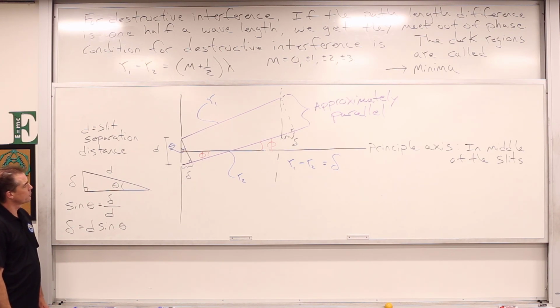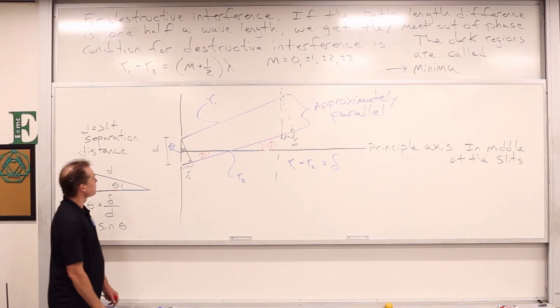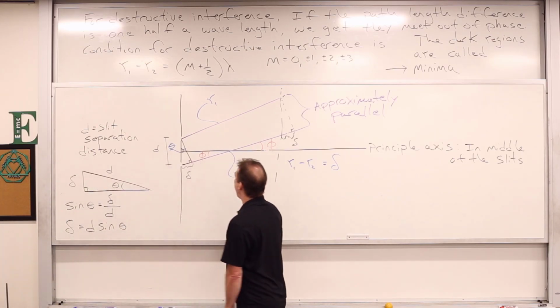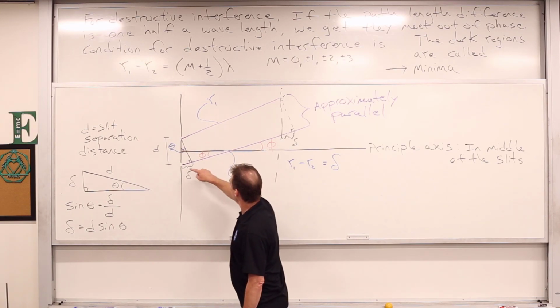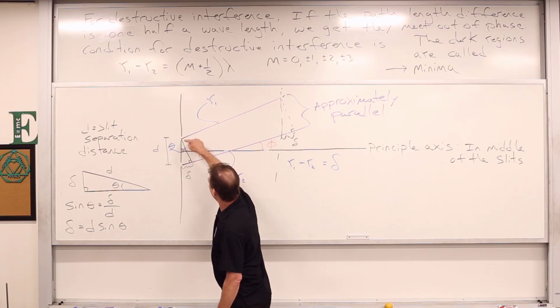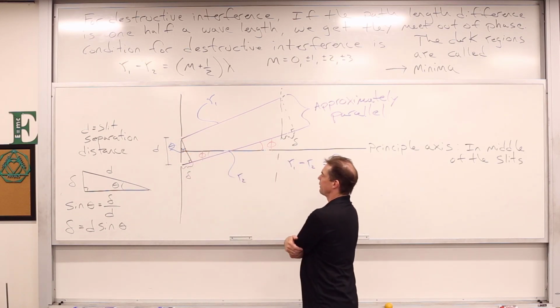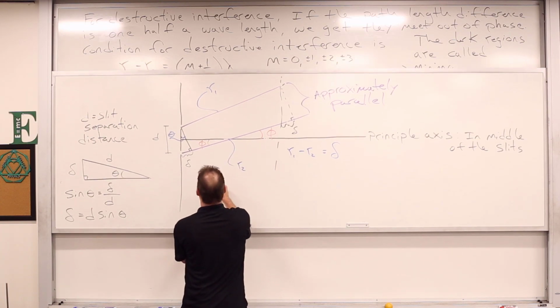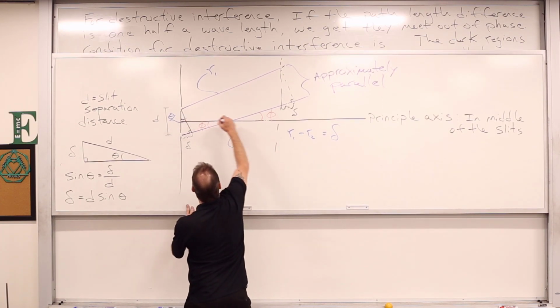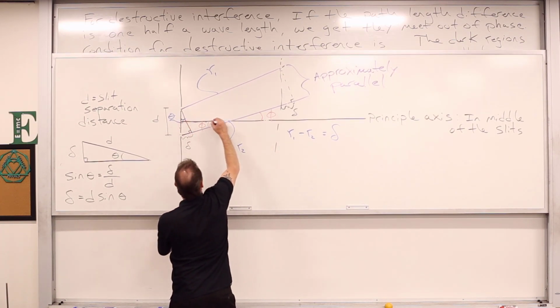Well, we can look at some triangles. We've got this triangle right here, and we've got this triangle right there. I'm going to pull this piece out. So we've got this bigger triangle right here.